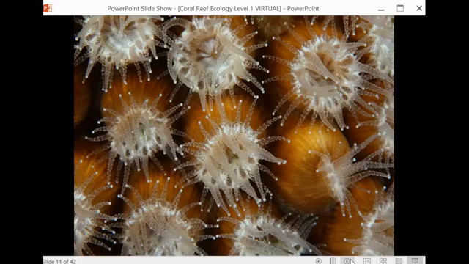Now, the question is, why? Why does the zooxanthellae live inside of a coral polyp? And I'm so glad you asked. Because our corals are dependent on that zooxanthellae. Corals can only survive for so long without the zooxanthellae, all right? And that's because zooxanthellae use the sunlight to make their food.